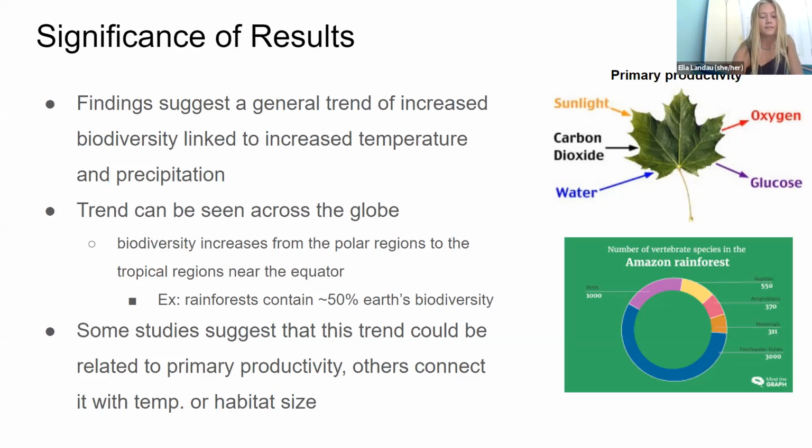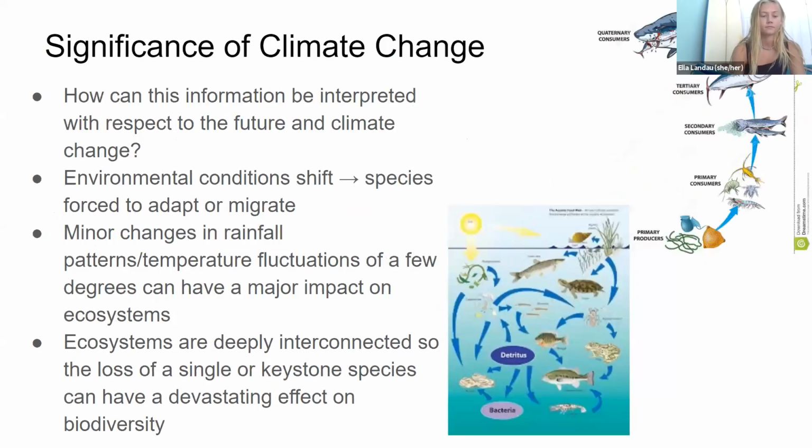Other studies hypothesize that the trend could be linked to primary productivity, which is the rate that photosynthetic organisms can produce organic compounds from CO2 in an ecosystem. And other studies tested the relationship with habitat size or temperature, like us. Next slide.